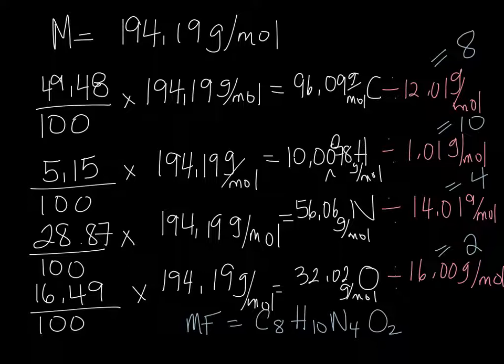So you take the percent, multiply it by the molar mass, which gives you your mole ratio for your compound. So you get your molecular formula. Then you reduce it to get your empirical formula. It cuts down your actual work considerably, okay?